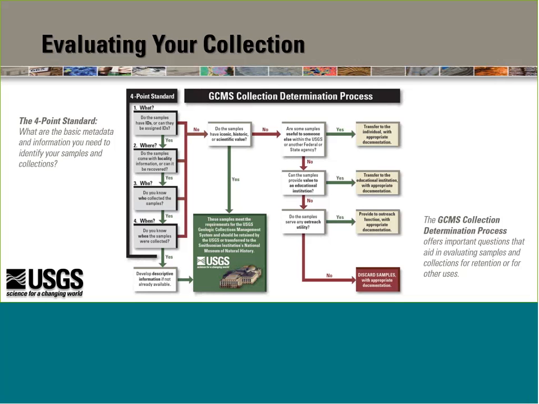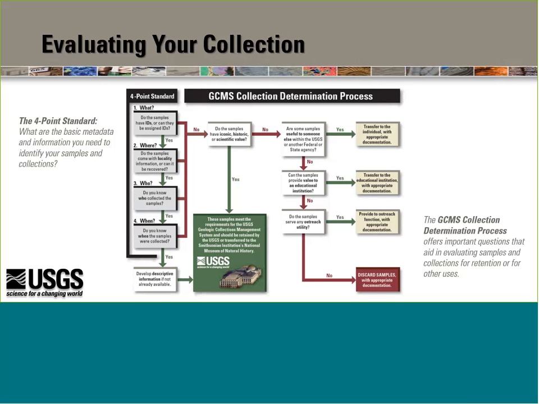And the GCMS suggests that if these criteria can be answered, it qualifies as inclusion in the GCMS. And all that means is inclusion into this collections management system and data management database that the National Digital Catalog can provide to make sure that these samples can be accessed and used in further investigations.